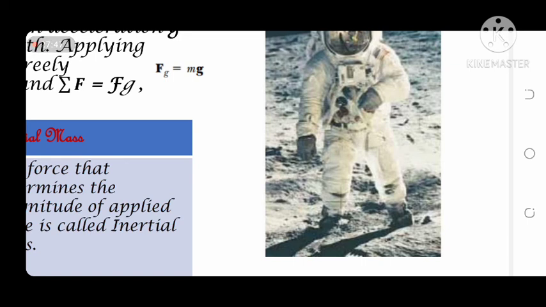If we compare the accelerations due to gravity, the value of g on the surface of Earth is the average value 9.8 meters per second squared, and on the moon the value of g is 1/6 times the value of g on the Earth. The value of g of the moon is 1/6 of the value of g on the Earth.